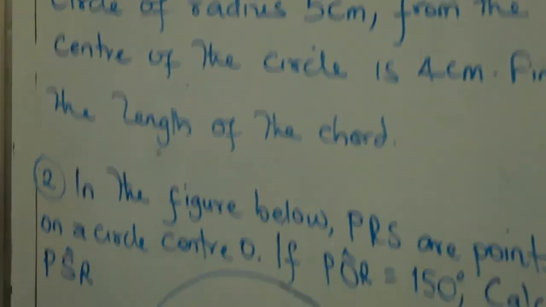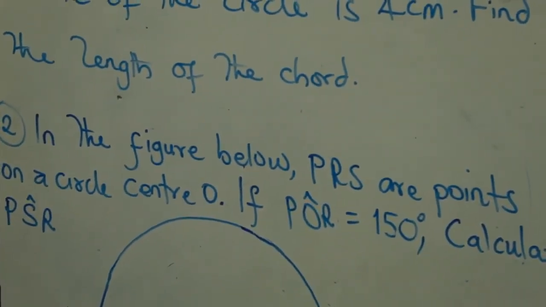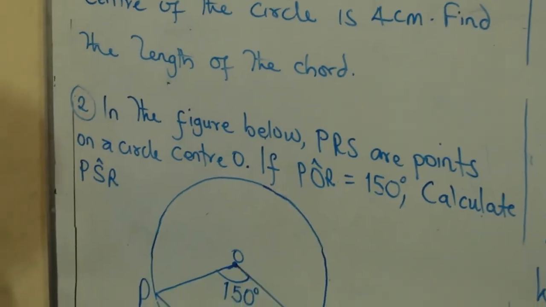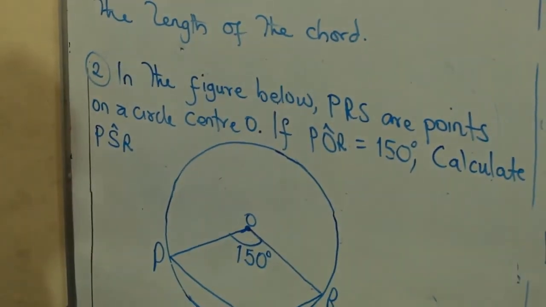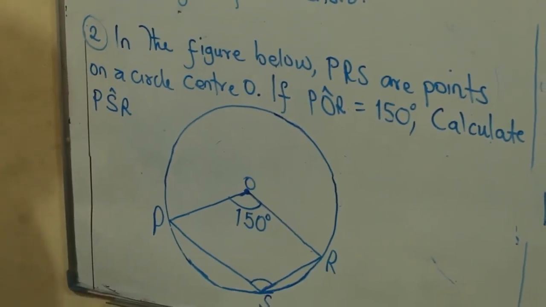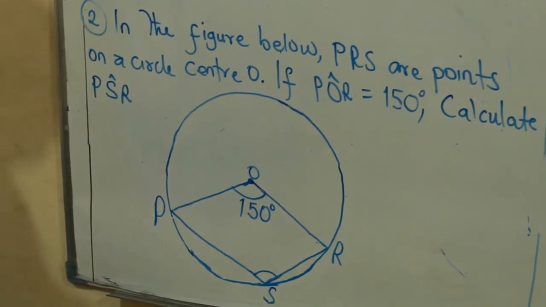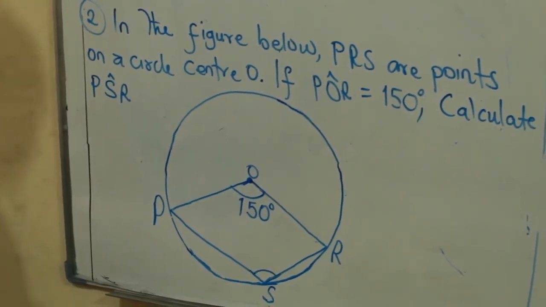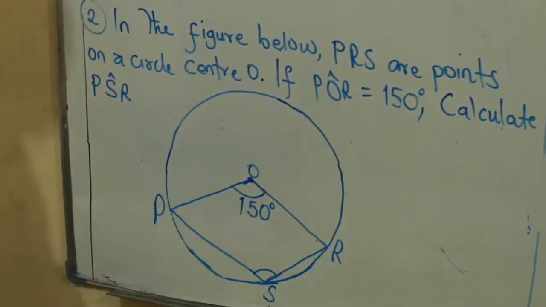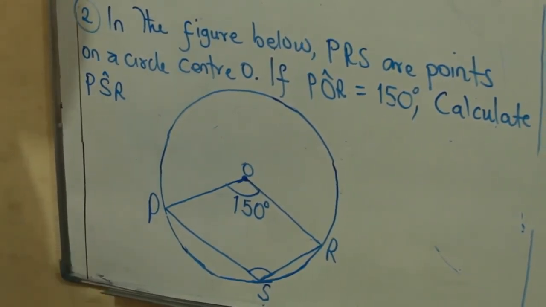Question number 2 says, in the figure below, P, R, S are points on a circle center O. If POR is 150 degrees, calculate the size of PSR.